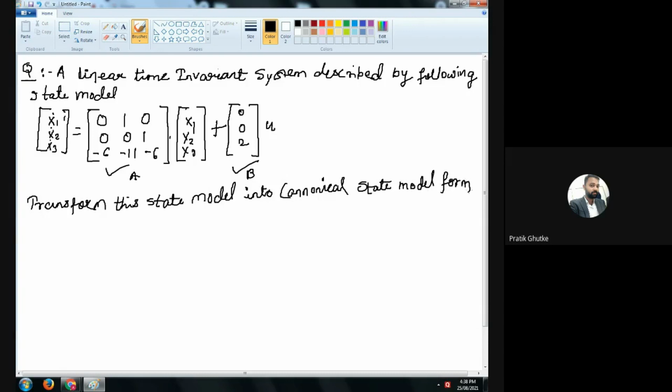This is the question. You have to transform this state model into its canonical state model form and obtain the explicit equation.